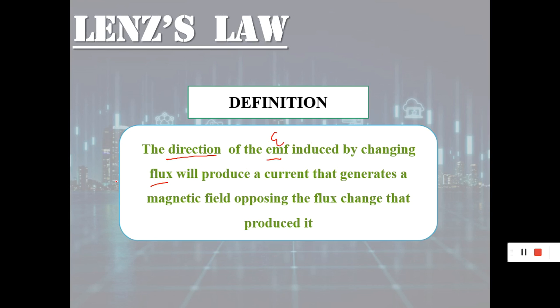You change the flux, it will produce a current that generates a magnetic field, B, opposing the flux change. So you have a negative there, right?